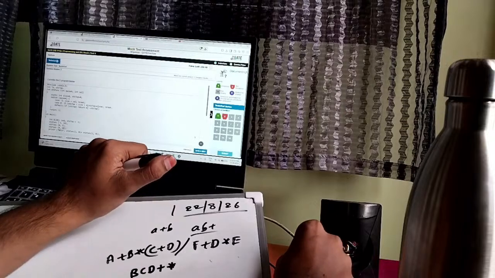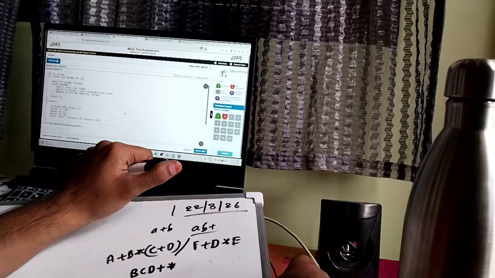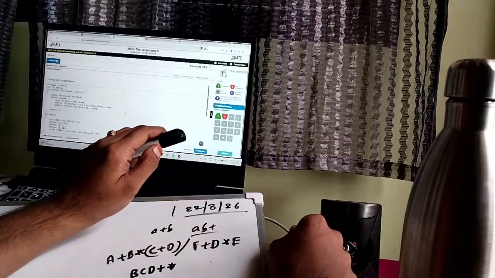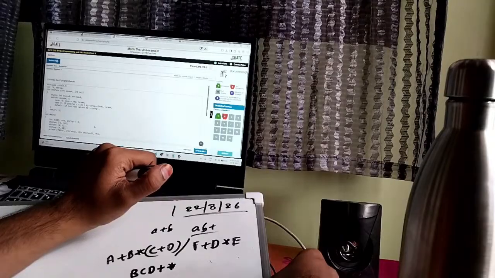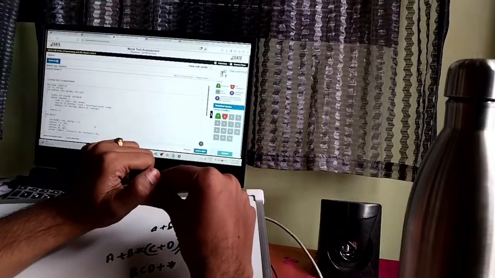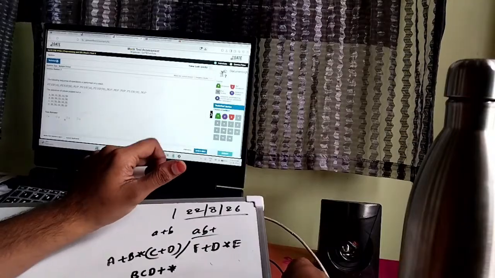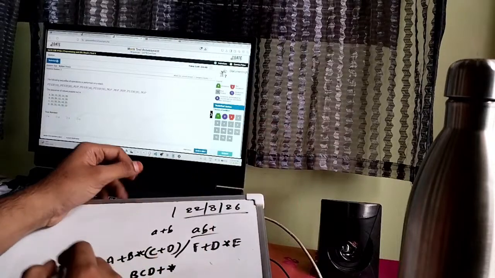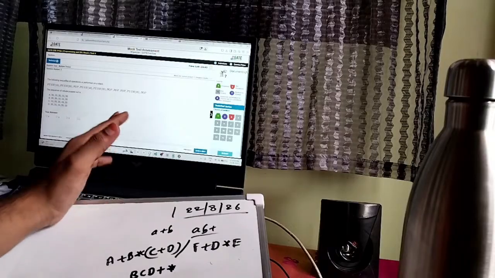Okay, what next? This question we have to say. Stack function of add operations, and they're asking for the sequence of values popped out.